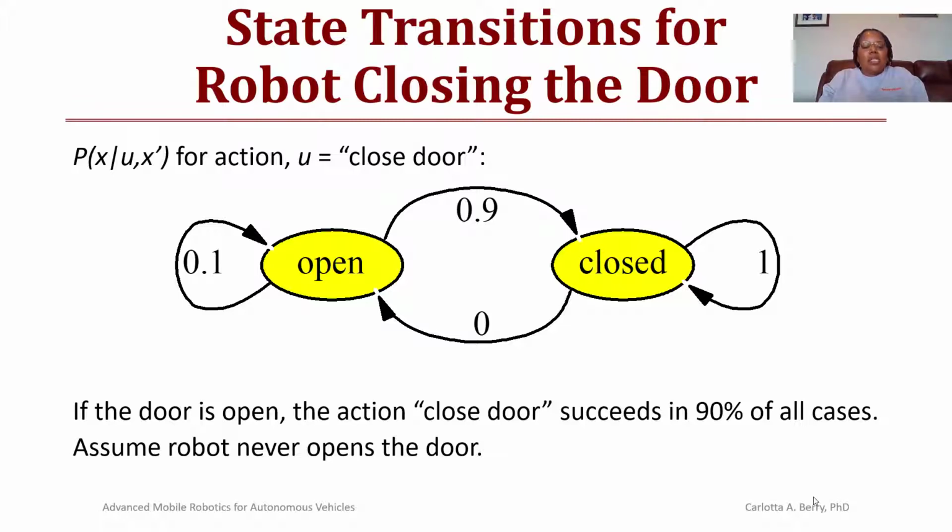If the door is open and the robot makes this action, then the probability is 0.1 that the door is still open. It's 0.9 that the door is closed. If the door was currently closed and the robot makes a closing action, we are 100% confident the door will still be closed. And we don't have any action for if the state is closed and the robot opens the door because the robot is only doing a closing motion.